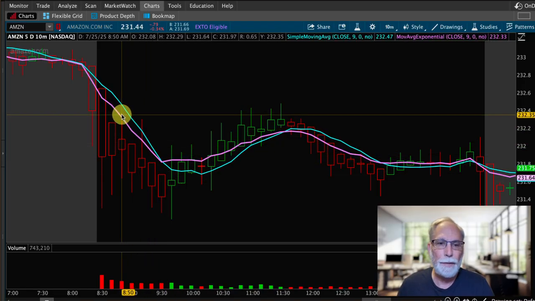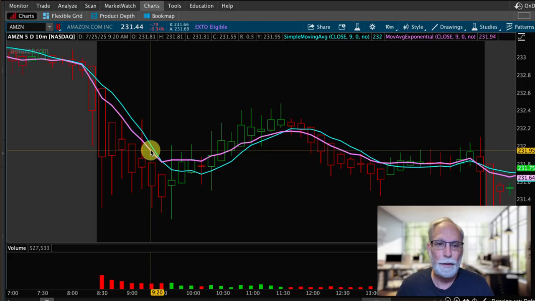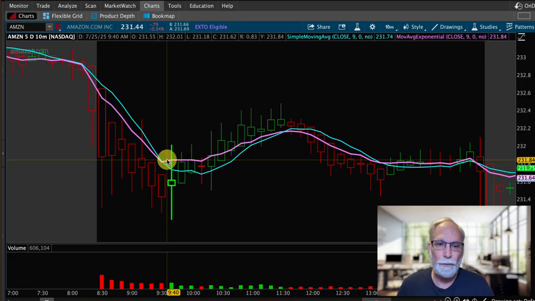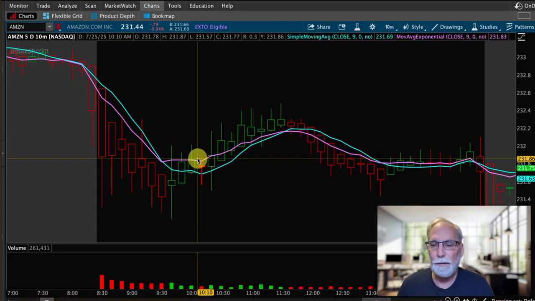The pink SMA comes down through the candles, and you can see it come down through here. And basically, a lot of traders will trade once that candle rises above the moving average, right? And they're usually looking for something to move fully above it.